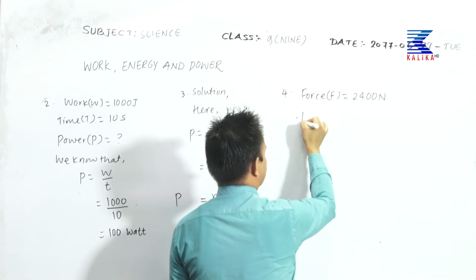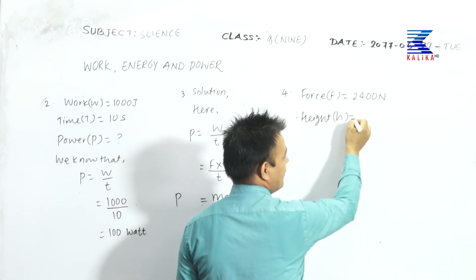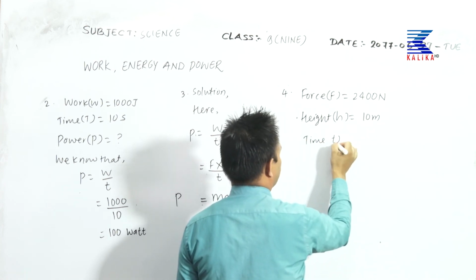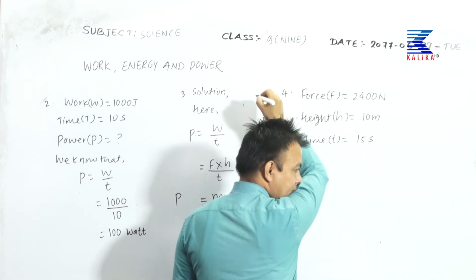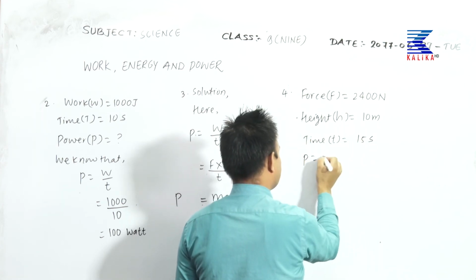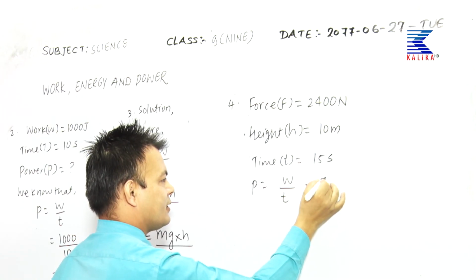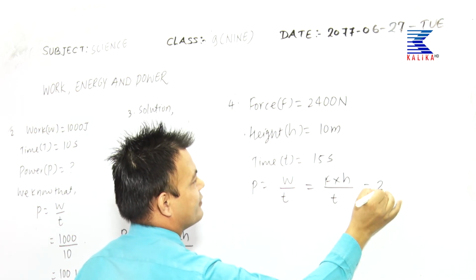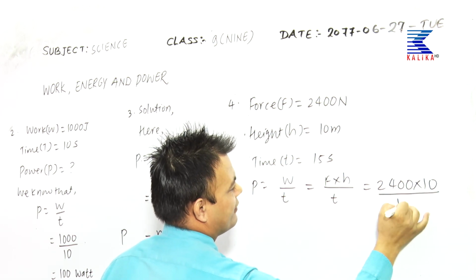Height h 10 meter, time t 15 seconds, and we know that P equal to W upon T, F into h upon T. That is 2400 into 10 divided by 15.